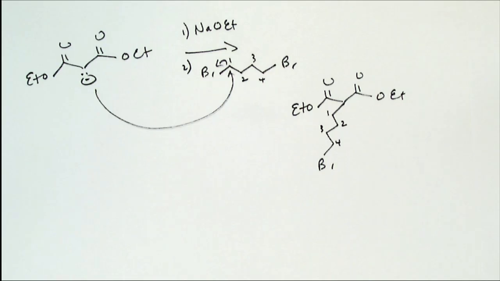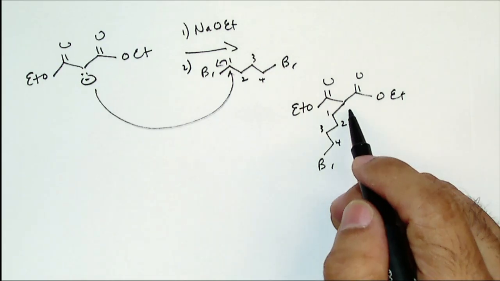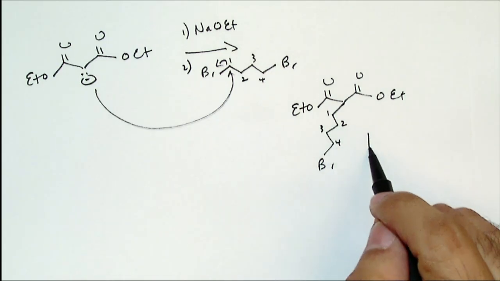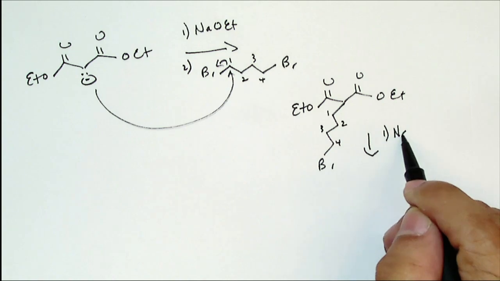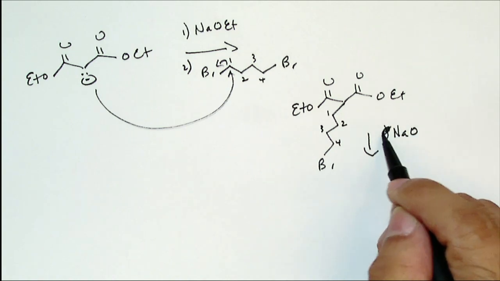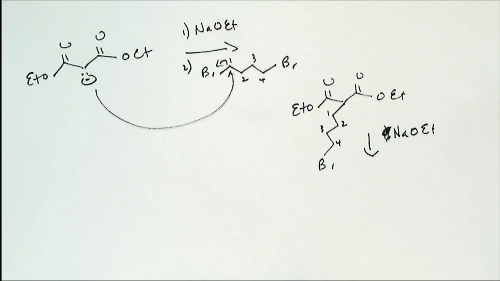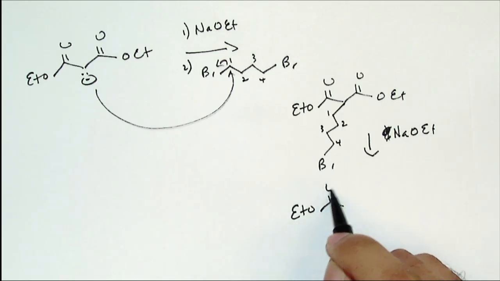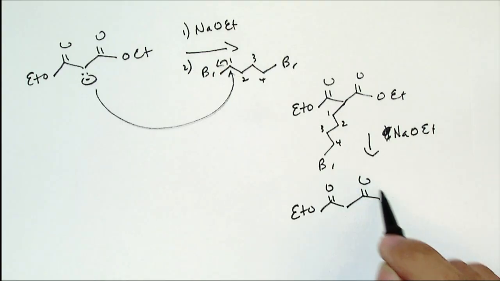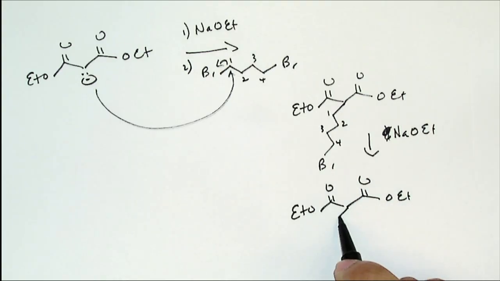There is, however, still a proton here. So if I were to take this and treat with sodium ethoxide, again, what I'm going to do is deprotonate. So I'll just write it out here for emphasis. 1, 2, 3, 4.